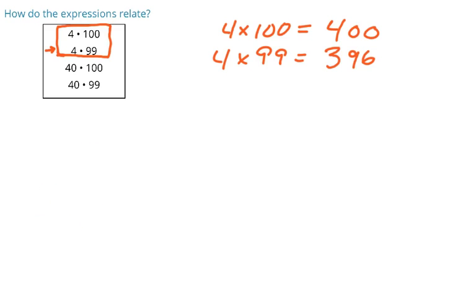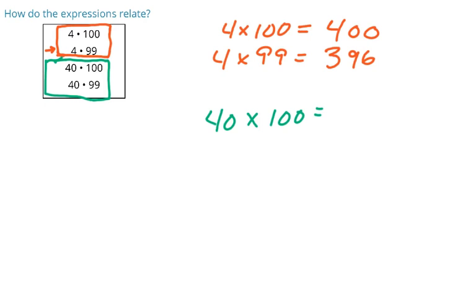Okay, let's try the next one. Now this one down here says 40 times 100 and 40 times 99. Off top, we know what 40 times 100 is because we can use our mental math to solve that. That's multiplying by powers of 10.